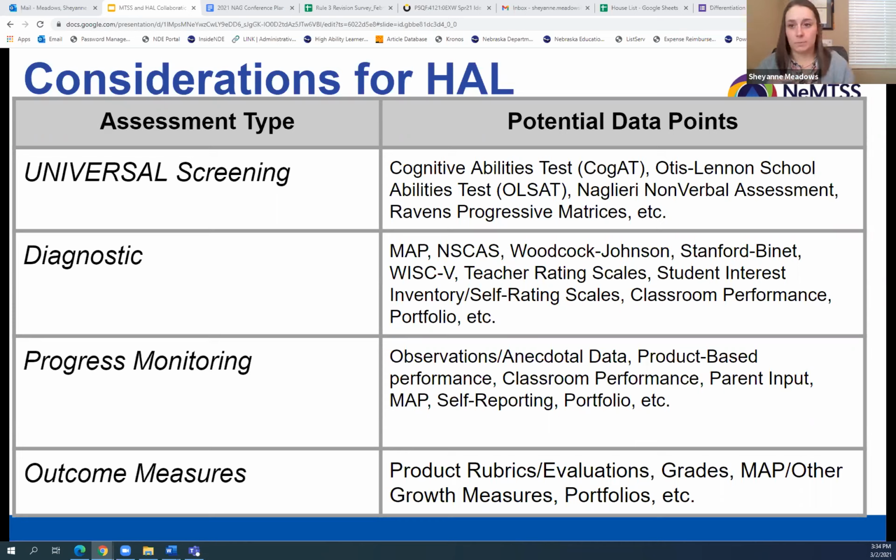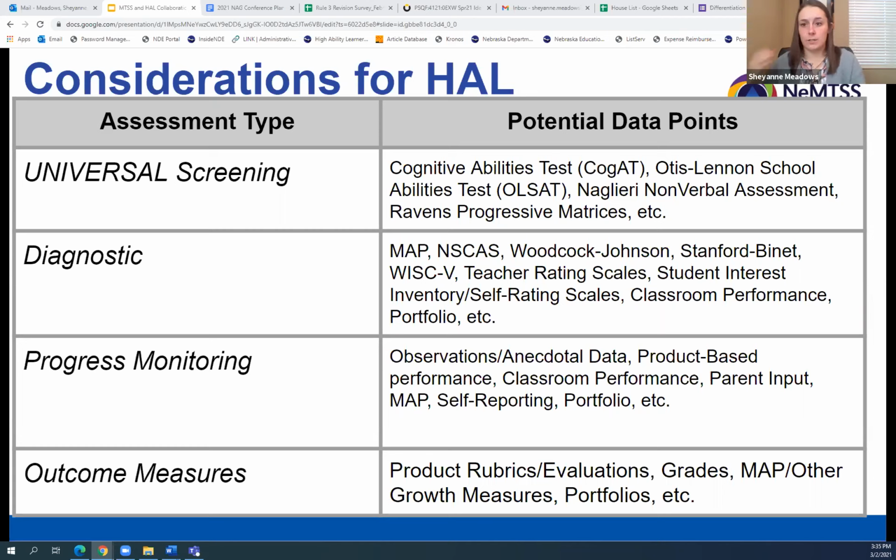But today, when we're talking about programming for high ability learners, we're looking at that progress monitoring and outcome measures. And this is something that really gets lost in there with high ability learners. So progress monitoring is the key. We need to make sure we're continually observing and looking at their performance, staying in communication with their families and teachers so that it's clear if they're not being appropriately challenged.